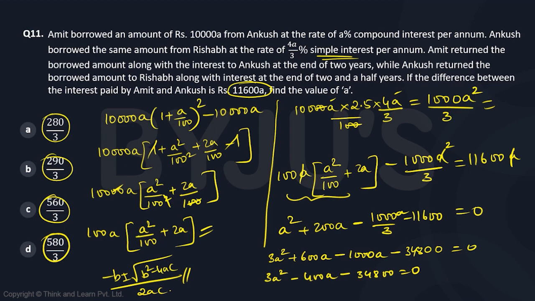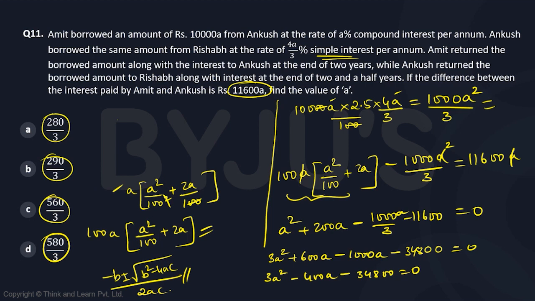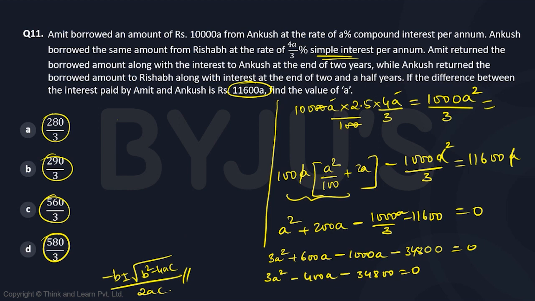So let me create some real estate by erasing this part at the beginning, so that I can continue my calculation. So this part is done. I hope you guys noted down. I'm just erasing this part so the calculation can continue, nothing else. So minus b is 400, minus of minus is 400, plus or minus root of b square, which is 400 square. That's better. It will save some space. So this is 400 square plus 12 into 34800, by 2 into a, which is 6.